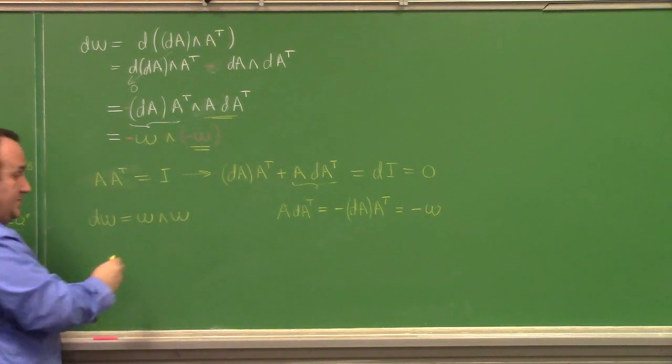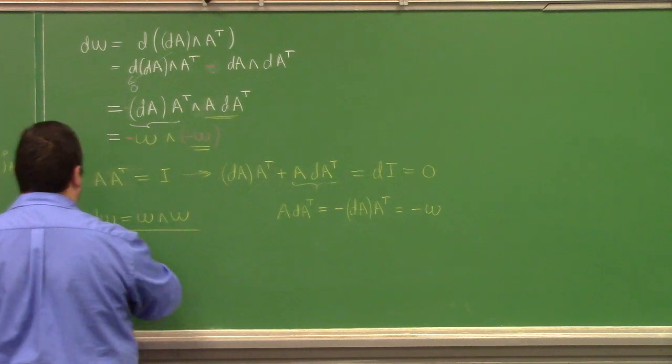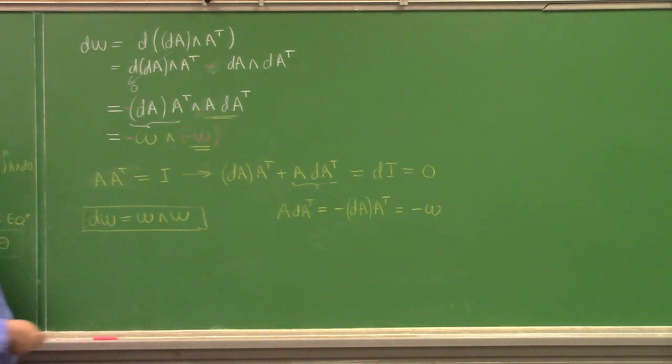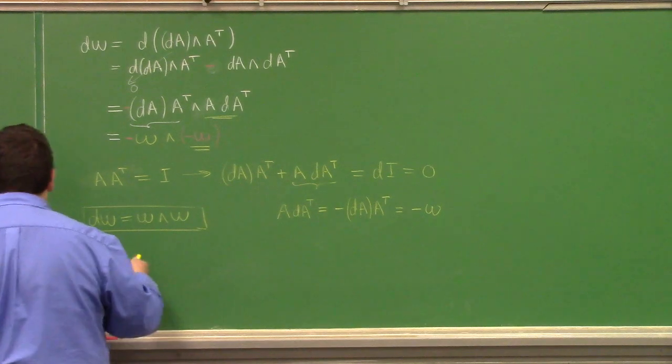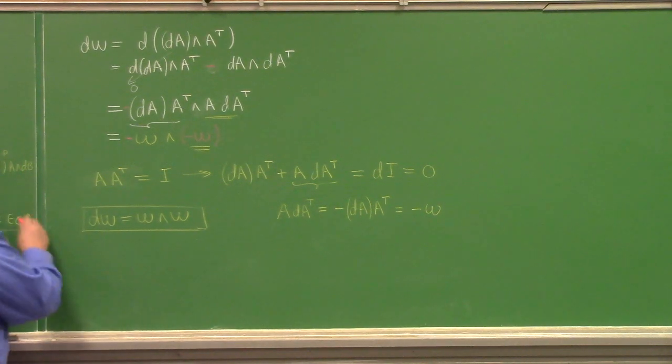Nope, not 0. And you're like, it's 0 because it's a wedge. That's a great question. Shouldn't that be 0? Didn't I start this whole deal with blathering on about how the wedge product of any one form with itself is 0? Except when it's a matrix of one forms. This is also a Cartan structure equation.